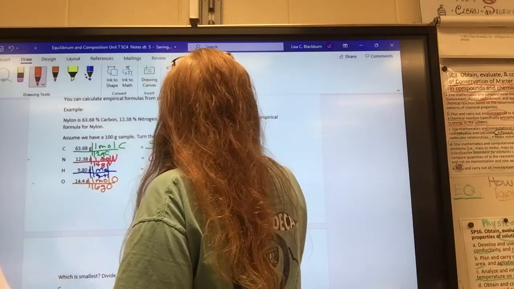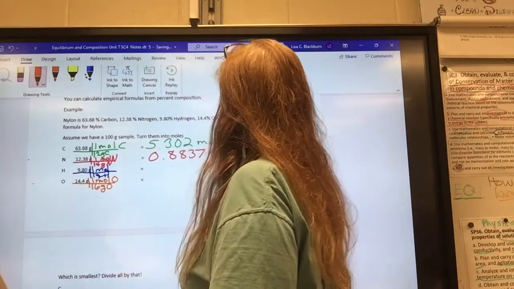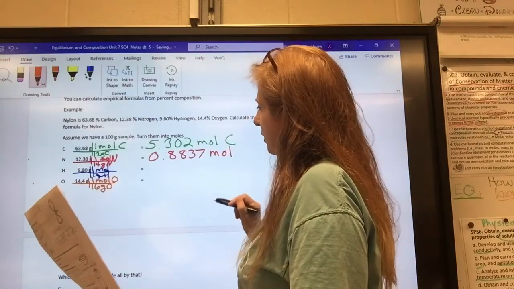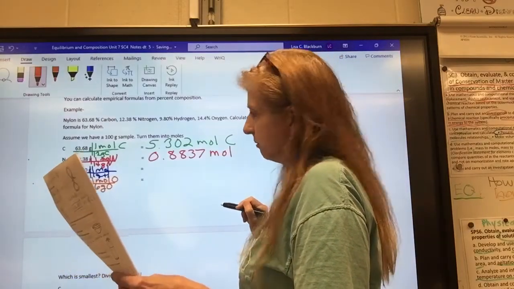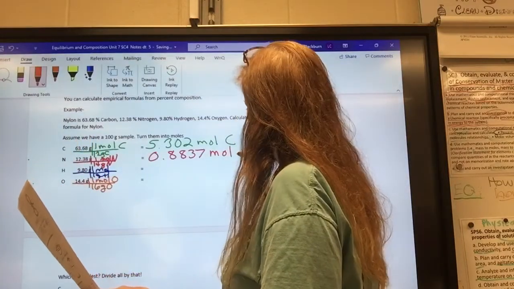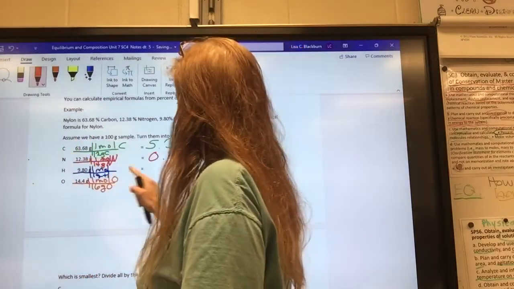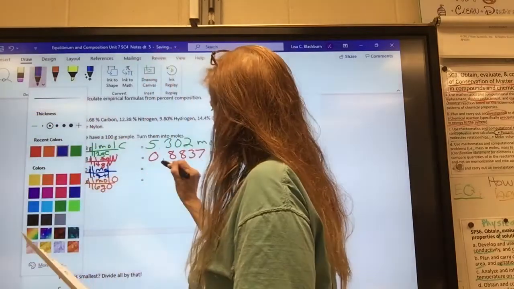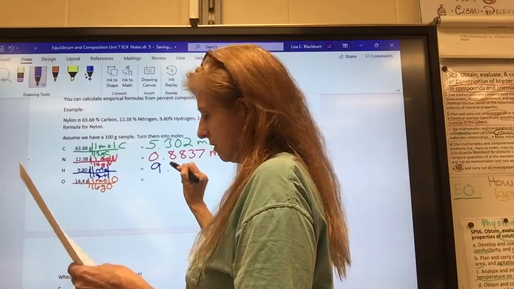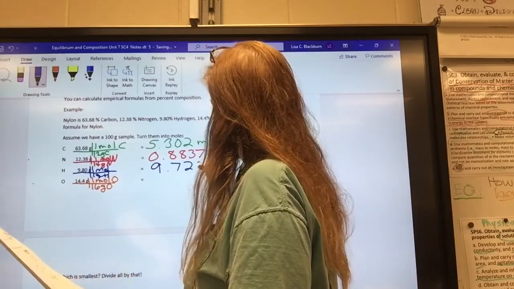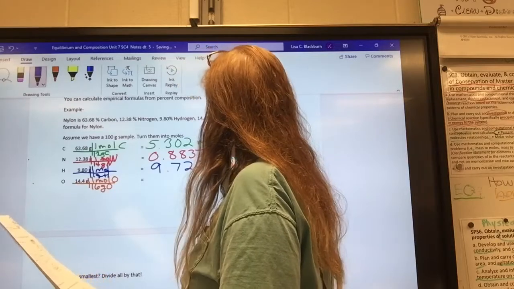Look up here once you've done it and check your answer, see if you got it right. Keep decimal places on this one. We're going to need it, or else you will get the wrong answer.